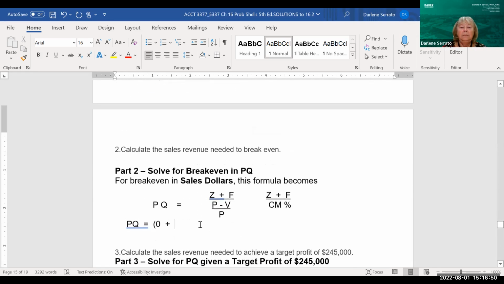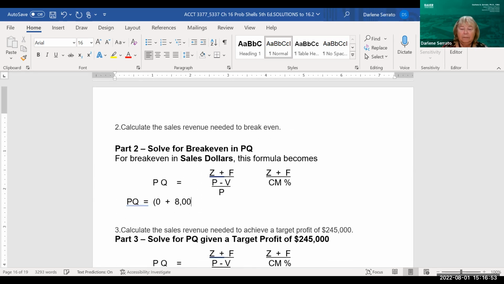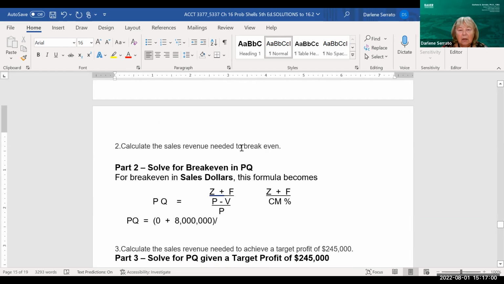Yeah, 8 million divided by 0.62 equals $12,903,225.